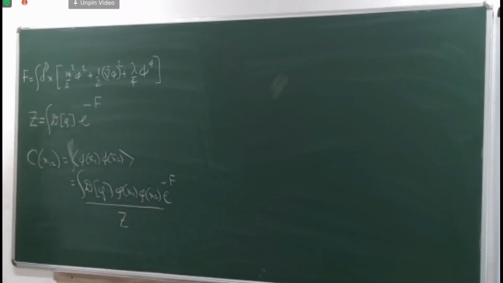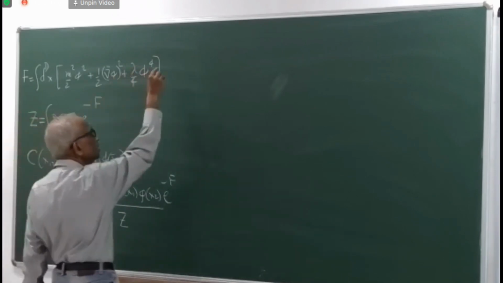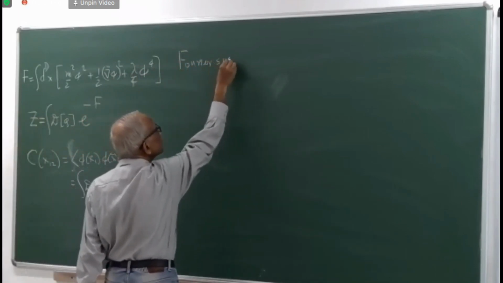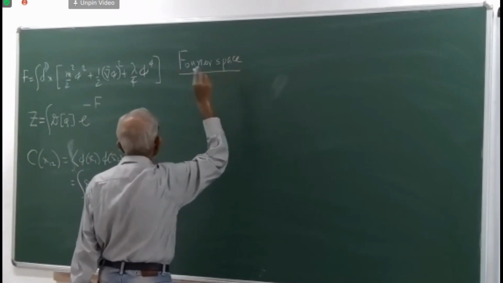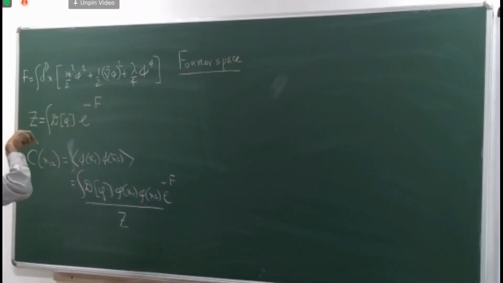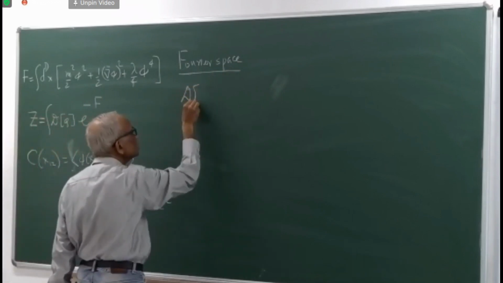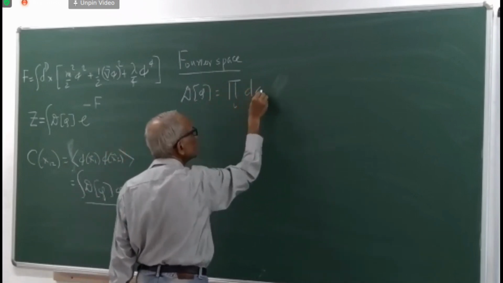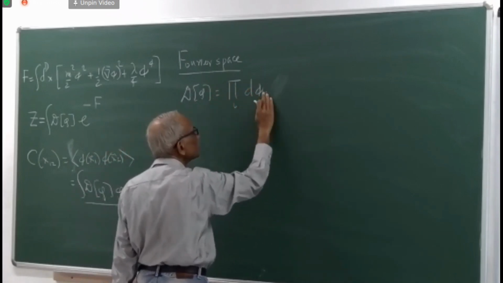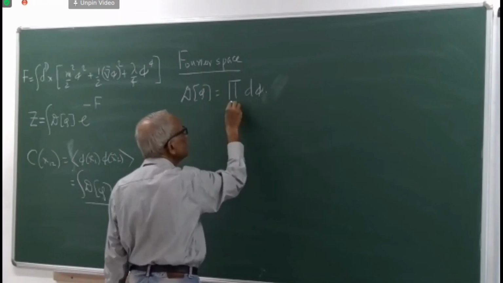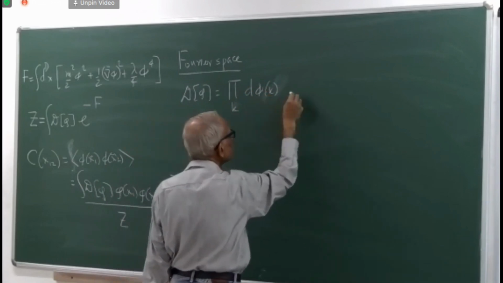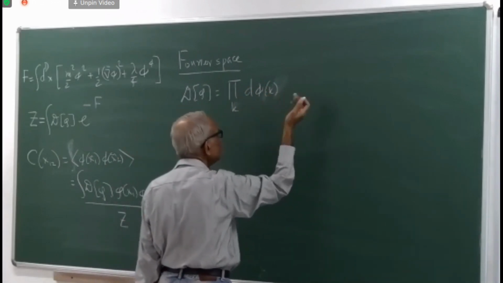The practical thing is to do the calculation in Fourier space or momentum space, whichever you want to call it. So in Fourier space, which is the wave number, the measure for this, a practical quantity, is d phi k for all k and minus k.